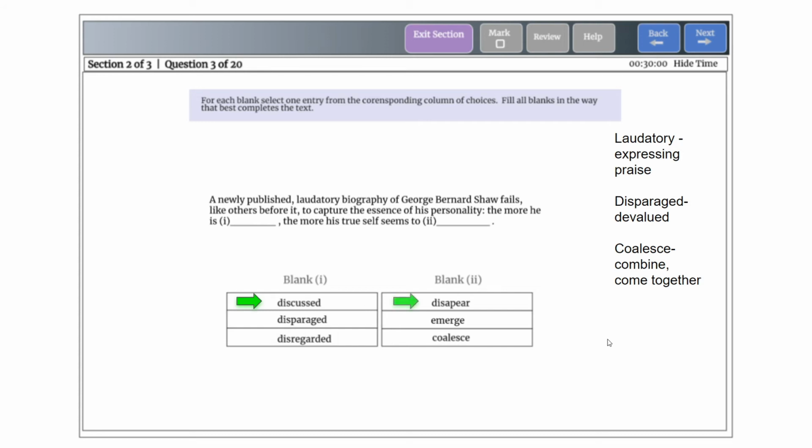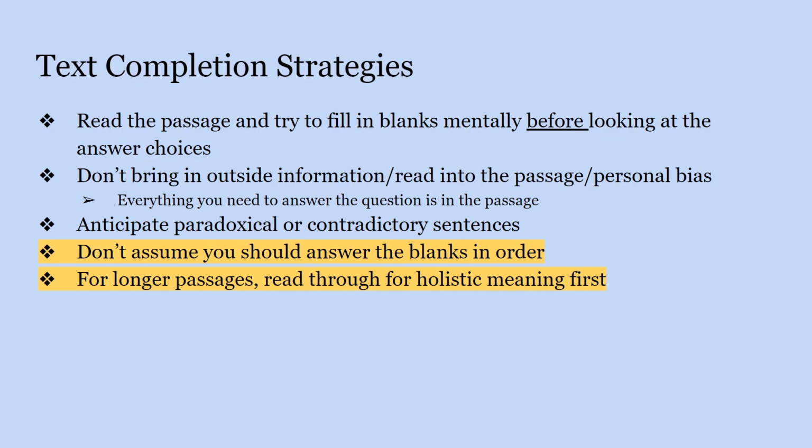But the first half of the sentence told us that we should expect something contradictory, right? Something sort of paradoxical. The more of these biographies that are written, they seem to always fail to capture the essence of his personality. So it's disappear.